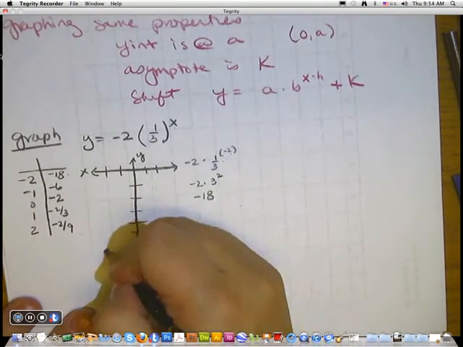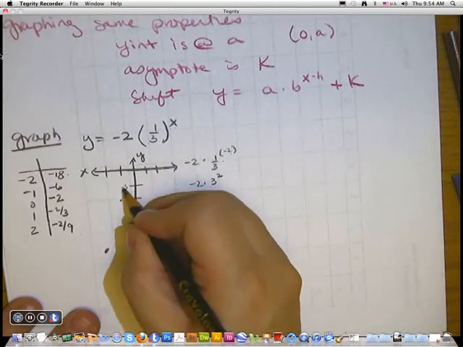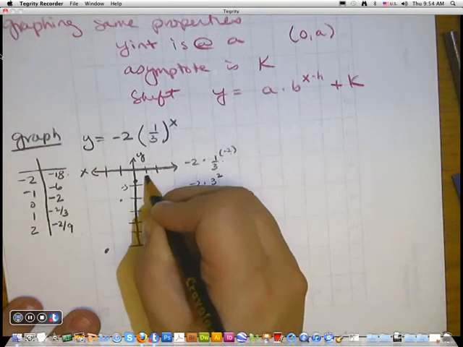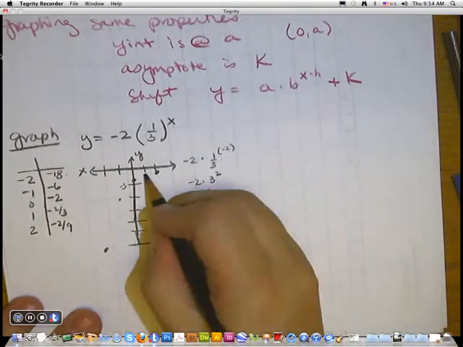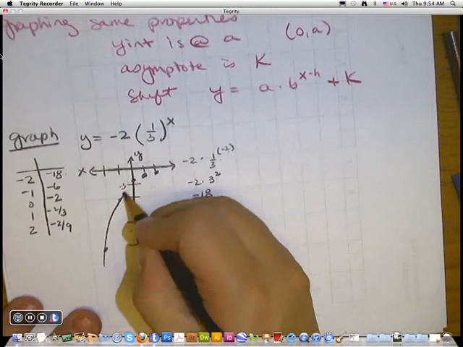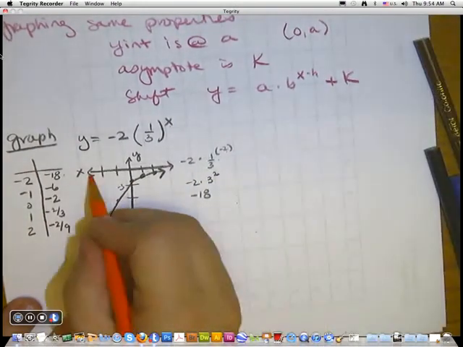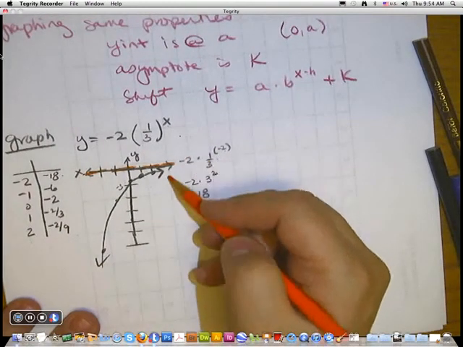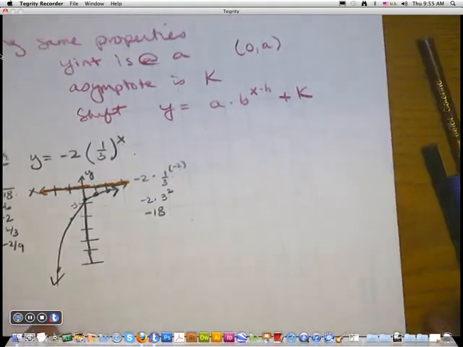Negative 2, negative 1, 0, 1, and 2. Okay, so I connect my dots, and I make sure I go back and put in my asymptote. The k is 0, so I need to make sure I have the asymptote, make sure I have arrows, connect all the information.